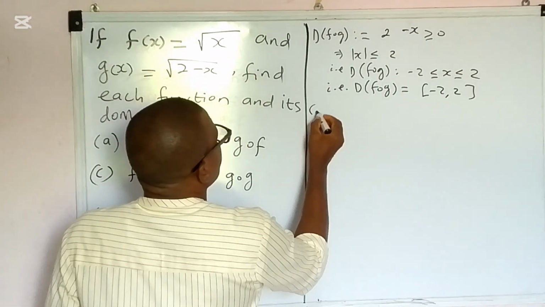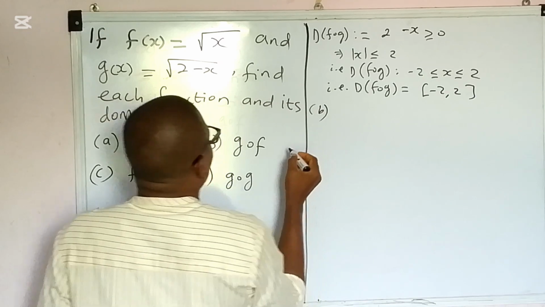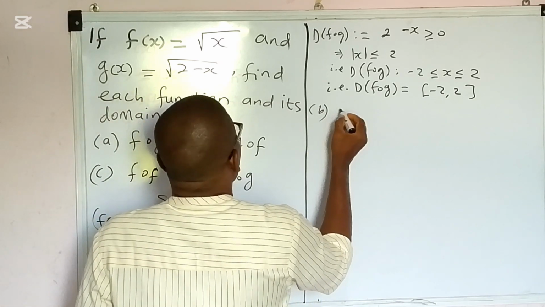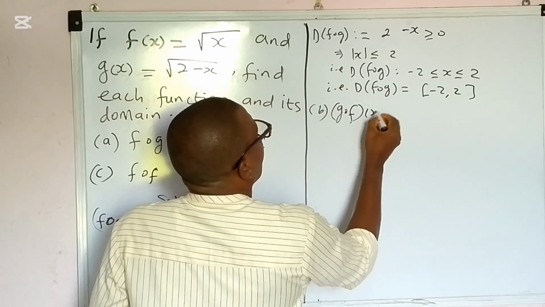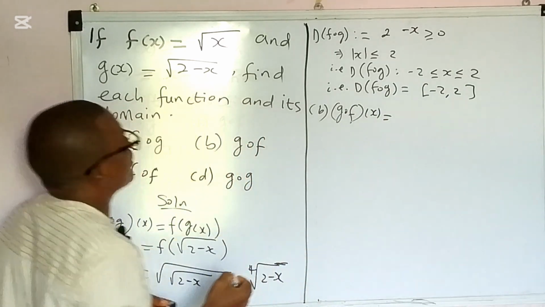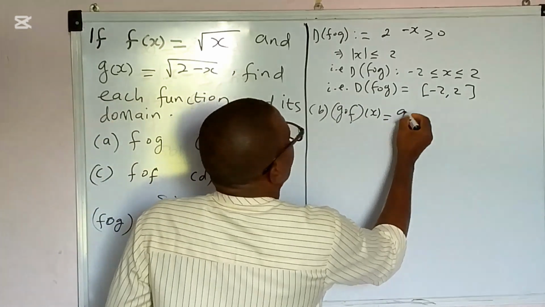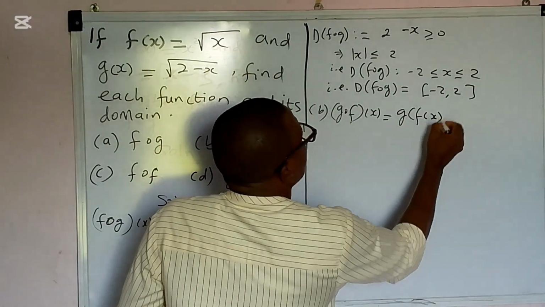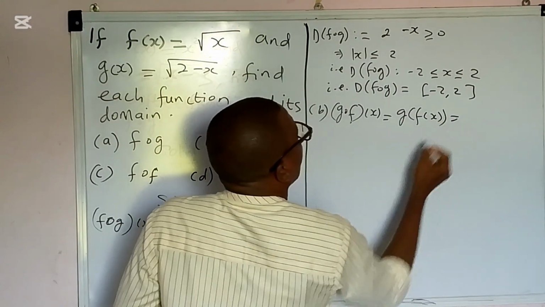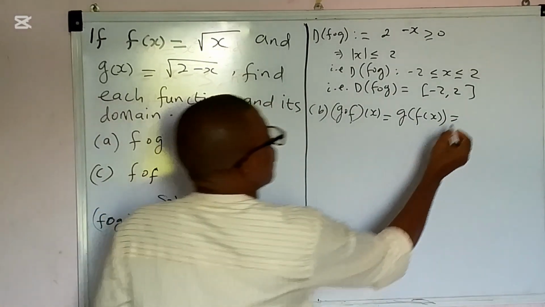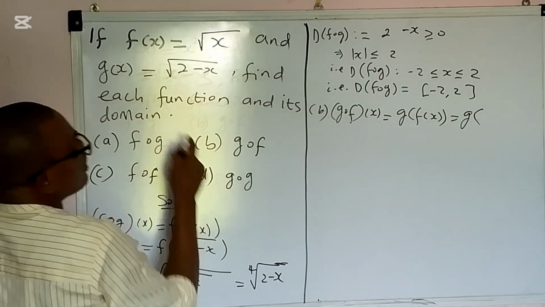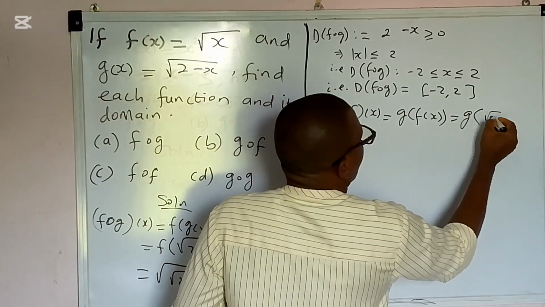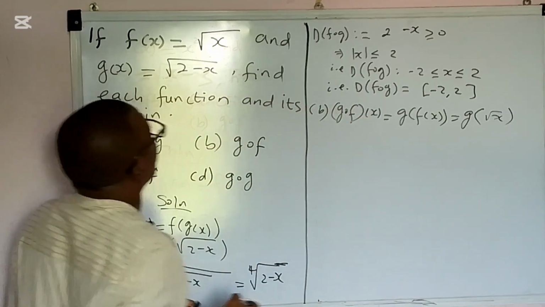The second one, B, has to do with g composition f. This is defined as g of f of x, and g of f of x is g of the square root of x.